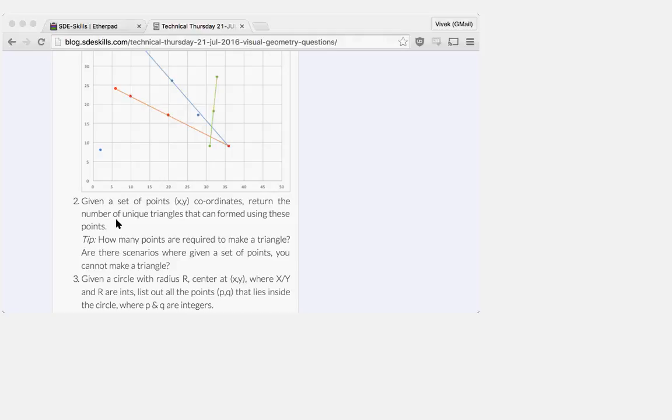So it's NC3 minus length of set 1 C3 minus length of set 2 C3 and so on. That is correct.